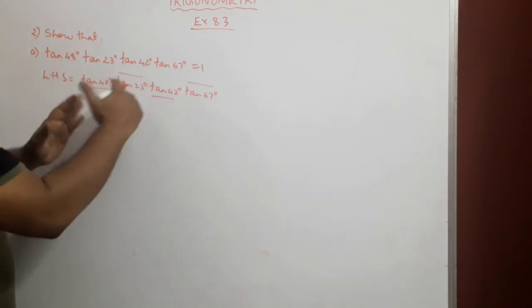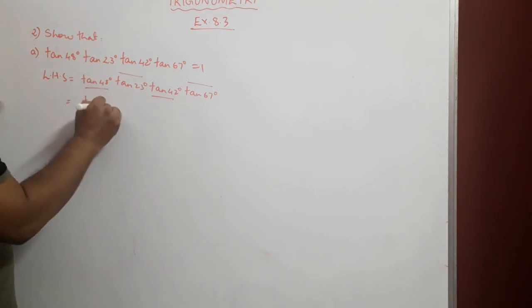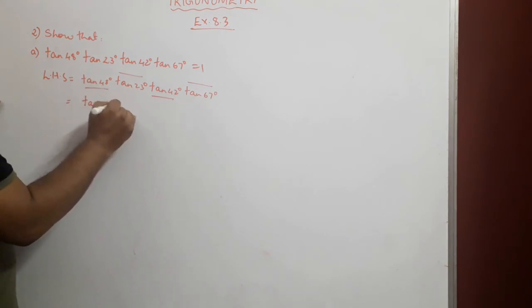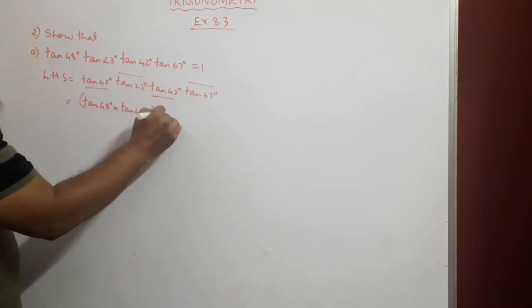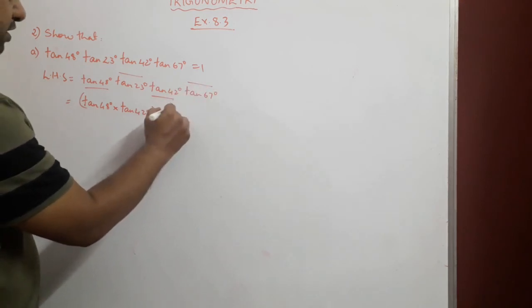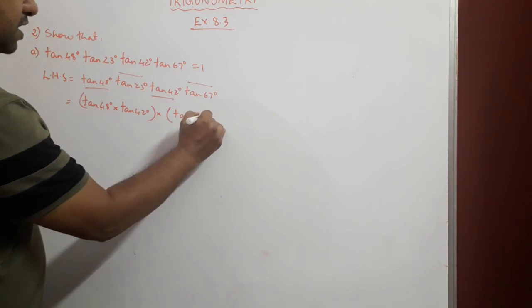So first we'll just rearrange them together and group them in a bracket. tan 48 degrees into tan 42 degrees, and I'll put this in a bracket, multiplied, everything is multiplied actually. Another bracket will be of tan 23 degrees into tan 67 degrees.